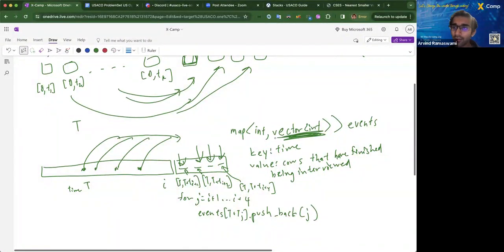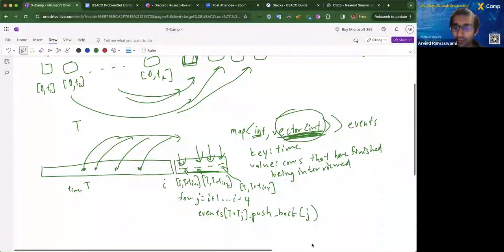So basically the events is like at some time, the cows corresponding to this vector have finished being interviewed. And when you're processing, that gives you the time that each cow will be interviewed. You can compute these intervals.